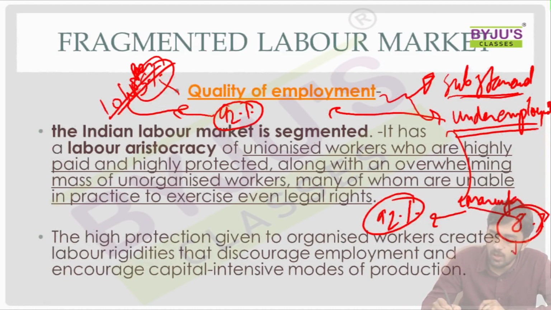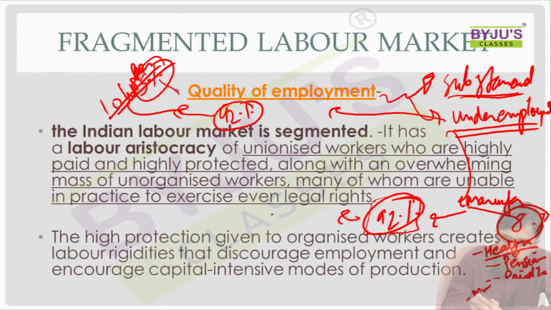The workers who work in the organized sector are entitled to pensions, paid leaves, health benefits, etc., and obviously also minimum wages. But 92% of the workers do not get any of these benefits, whether healthcare benefits, pension benefits, or paid leaves.